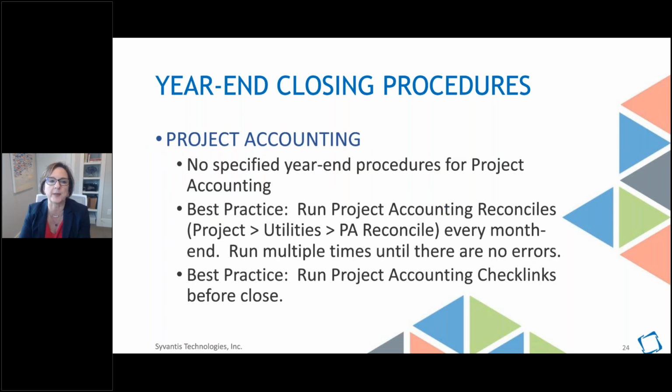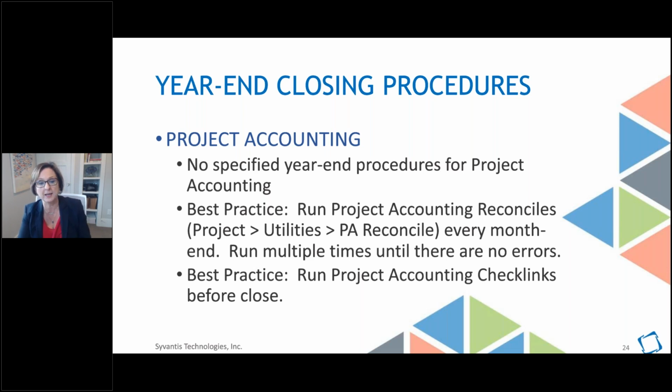There are no specified year-end procedures if you have project accounting. However, the project accounting module in GP is notorious for getting data issues. So I always recommend full project accounting reconciles every single month end, and you run it over and over until you get no errors.